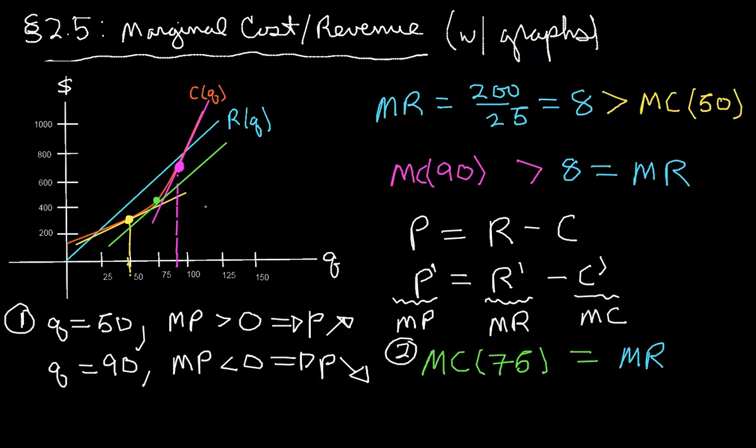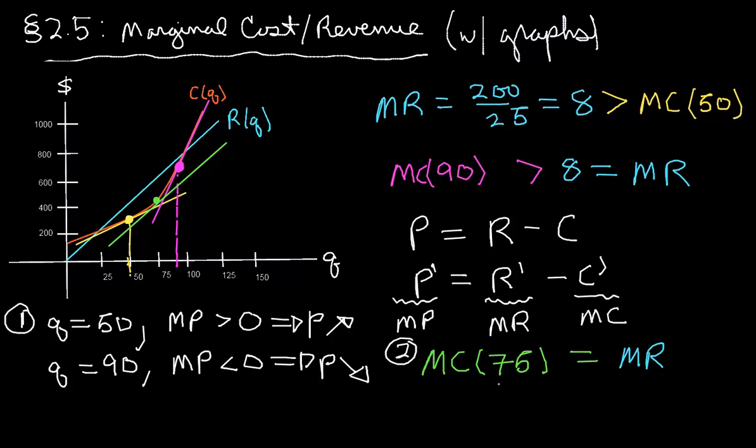So we know that before 75, so around 50, the marginal profit is positive. That means we're making profit. But then after 75, for example at 90, the marginal profit is negative. That must mean that at 75, where the marginal profit is exactly 0, we must have reached a peak, because it has to go up before 75 and then down after 75.